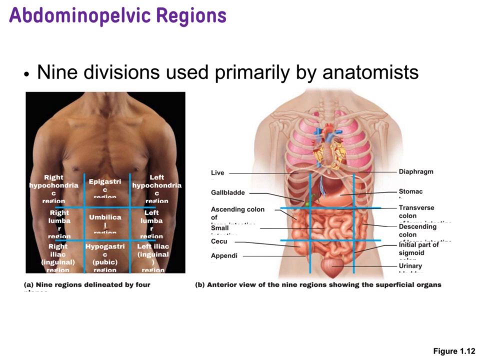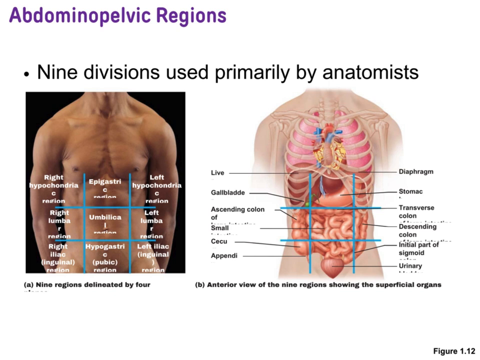Let's talk about the terms so you know a little bit about why they're called what they are. Hypochondriac regions are located under the cartilage of the ribs. Hypo means under, chondro means cartilage. The lumbar region, while shown in the front, is at the lower back region, which is similarly called the lumbar region. There is a blood vessel called the iliac vessel in that general region where we see the left and right iliac.